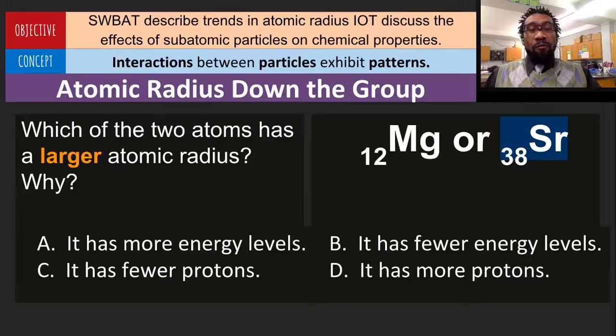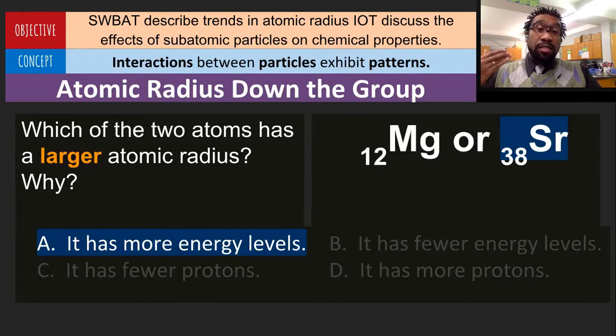Why is strontium a larger atom than magnesium? They're both in group 2 on the periodic table. Since we're comparing elements as we go down the group, the explanation has to be the energy levels. Because strontium has more energy levels, it is larger than magnesium.